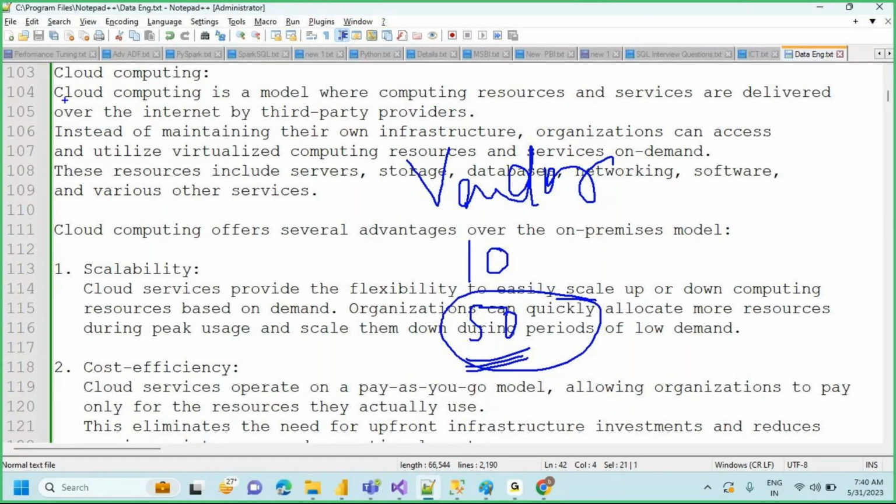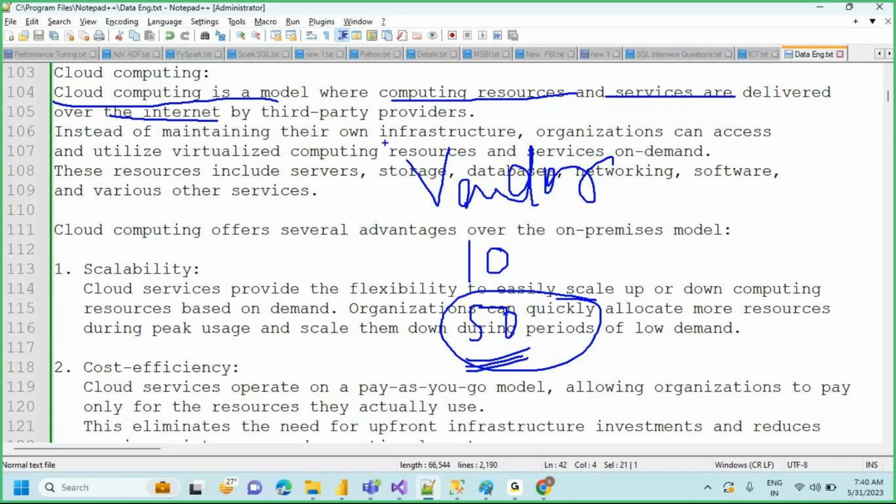So cloud computing is a model where computing resources and services are delivered over the internet. They're going to provide the compute resources, and apart from the compute resources, they're also going to provide the services. What services are provided when you take Microsoft Azure, we are going to see. All those things are provided by cloud vendors.